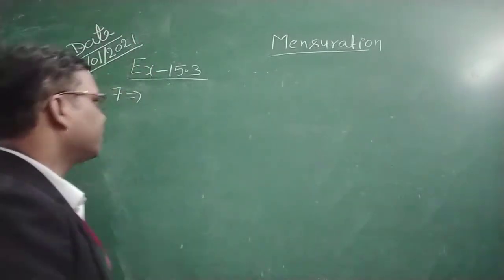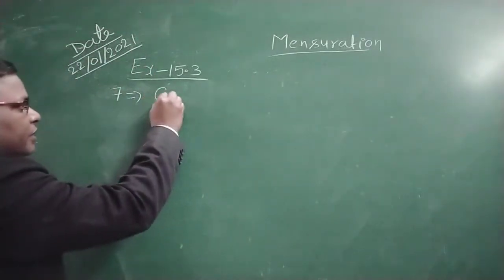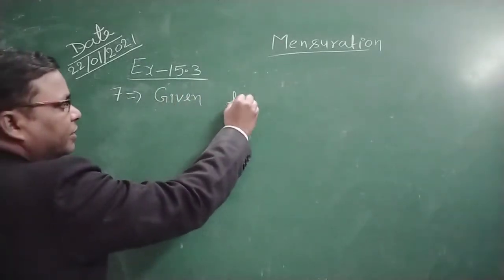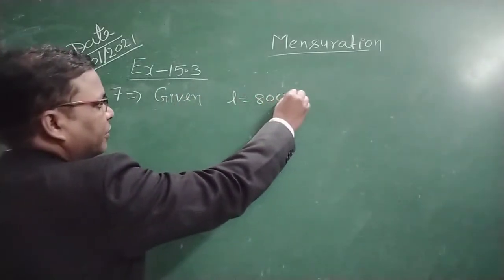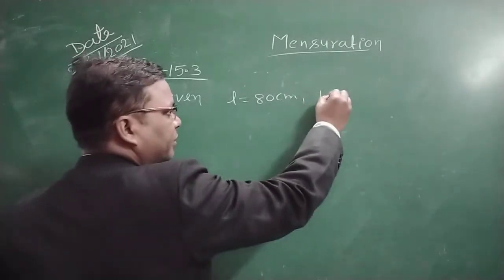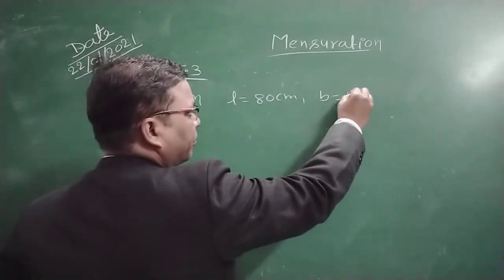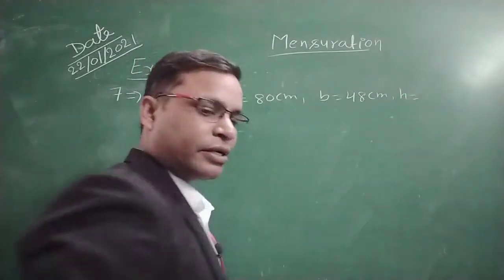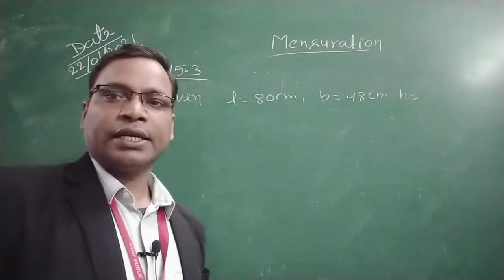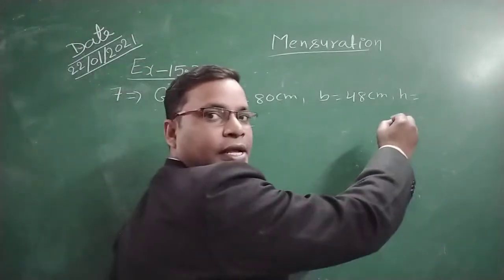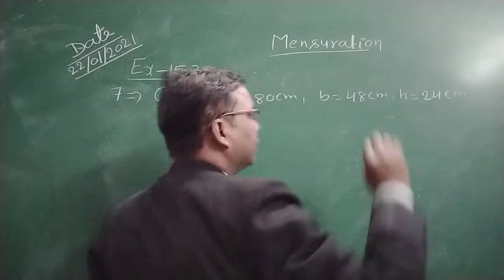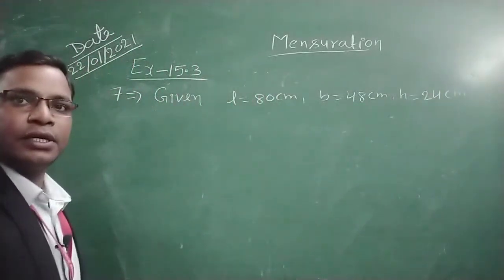Breadth is given, B is 48 centimeter. And the height is 24 centimeter. This is clear.